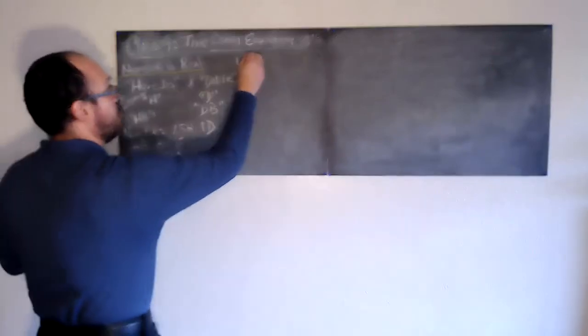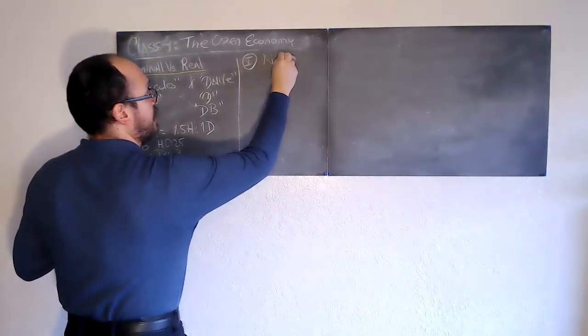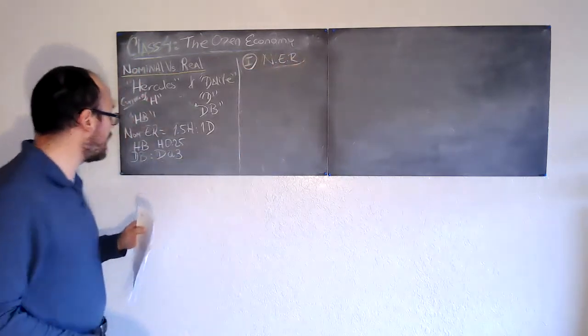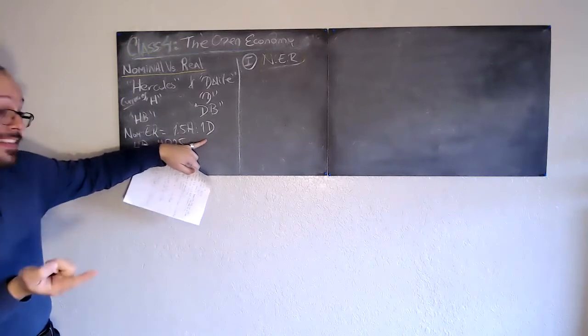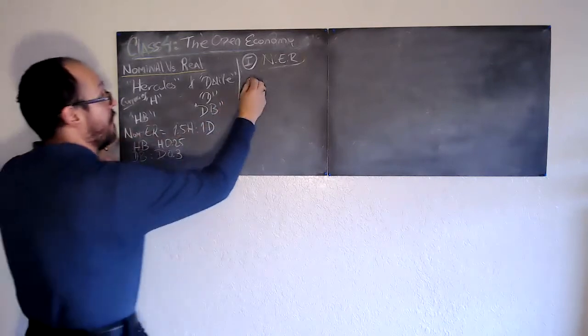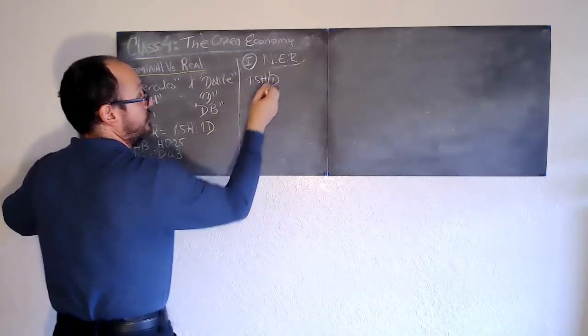The first step that you have to do is rearrange the nominal exchange rate. We have the nominal exchange rate of Herculeans over the Delilians, 1.5 Herculeans over Delilians.